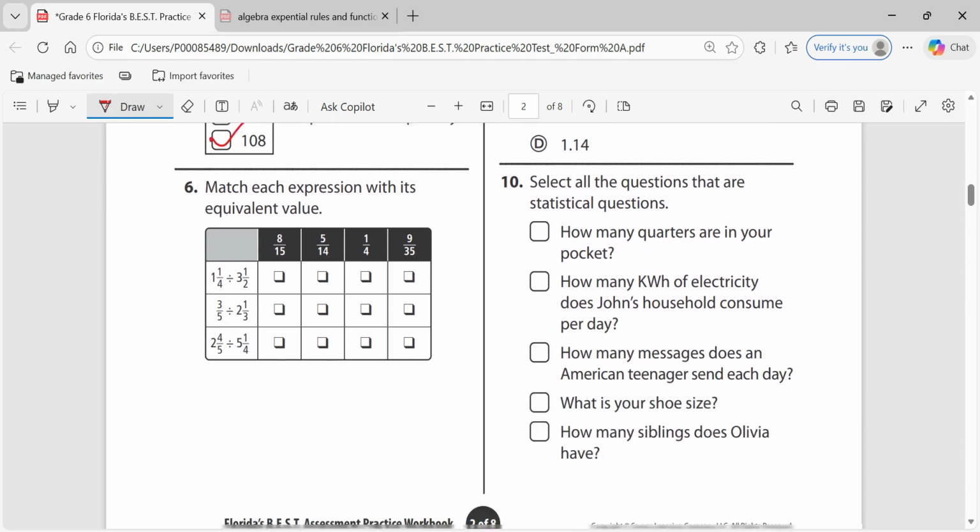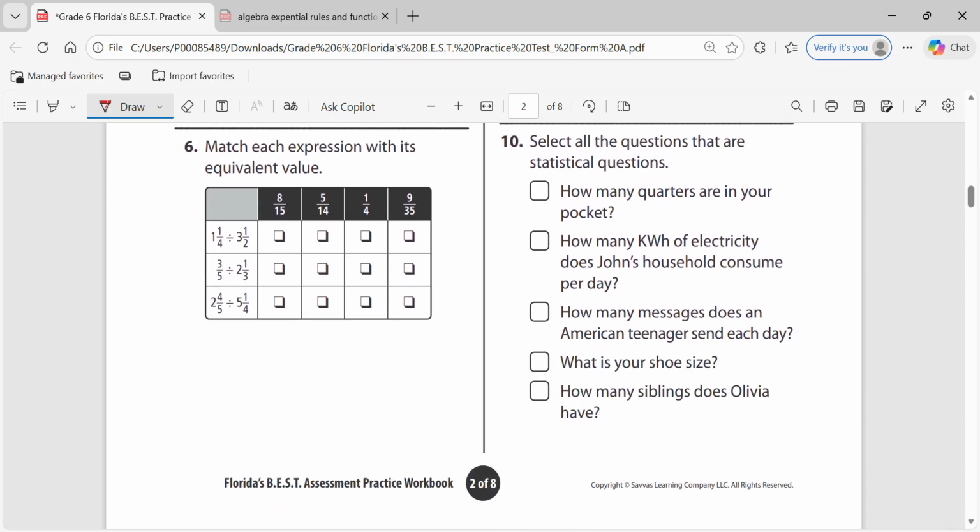All right, number 6, we're dealing with fractions, those mixed numbers. Oh, dividing fractions. Woo, we have to know how to divide those mixed numbers. So if we're going to divide these mixed numbers, we're going to do each of them in C. Call this number 1, number 2, and number 3. For number 1, it is 1 and 1/4 divided by 3 and 1/2.